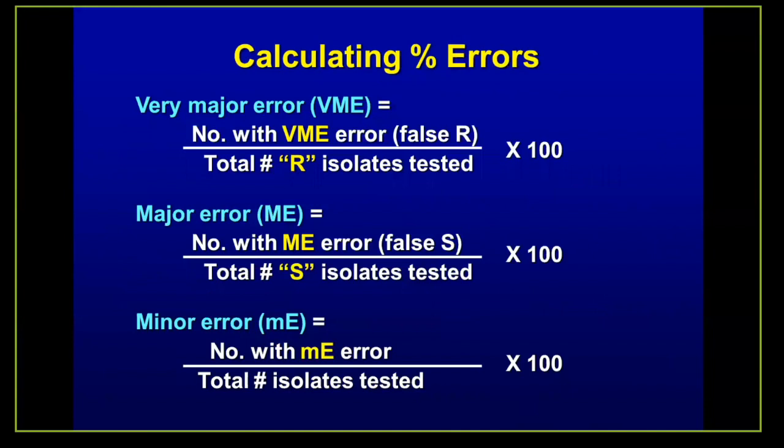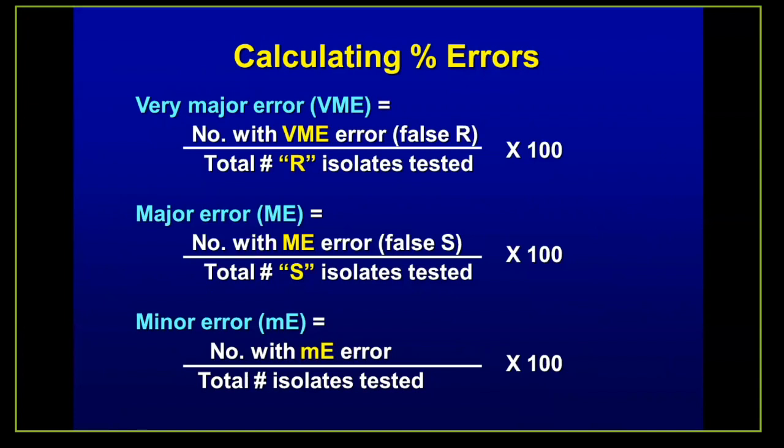The error calculations. Very major errors are calculated by taking the number of isolates with a very major error and dividing that into the total number of resistant isolates tested, multiplying that by 100.